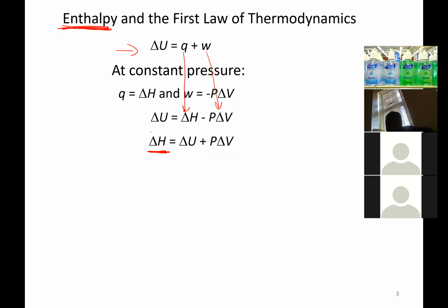But both start at the same spot and they end up at the same spot. The concept of a state function is that it does not matter the path that I take, I will start at the same spot and end up at the same spot. A state function tells you that it does not matter what path you take, it just matters where you begin and where you end. Enthalpy is a state function.